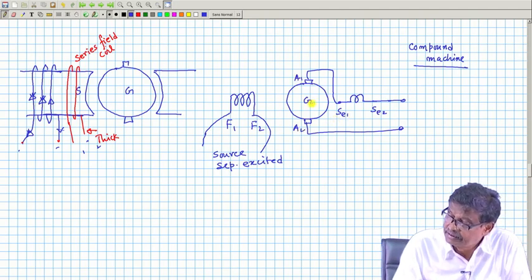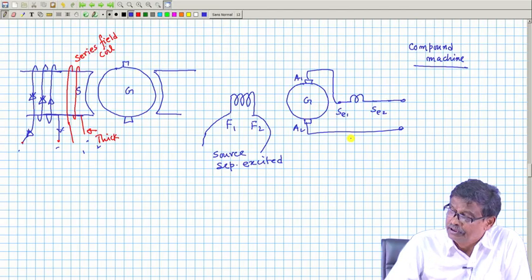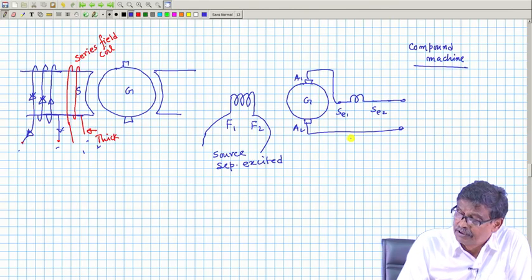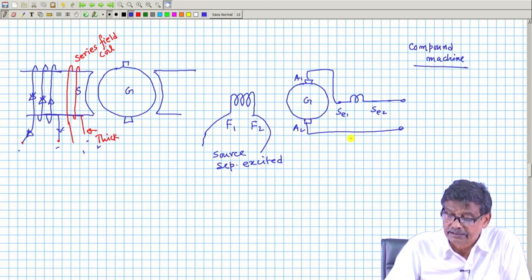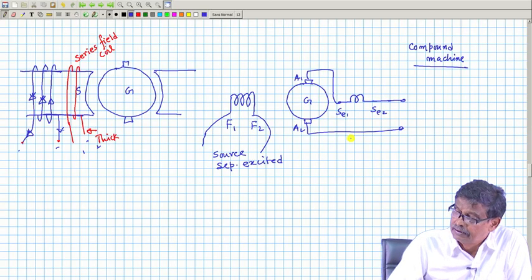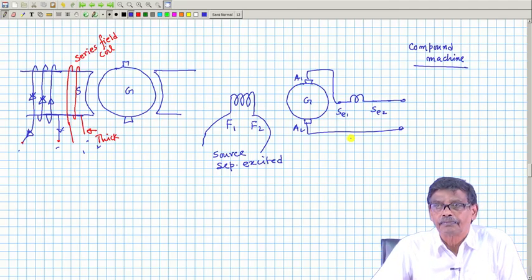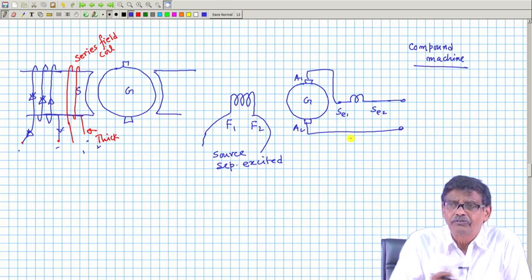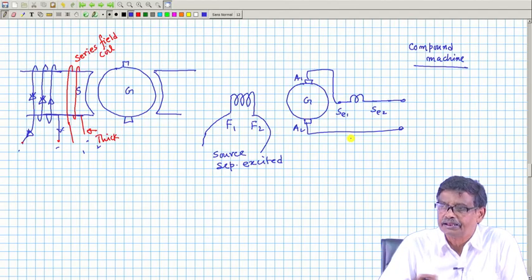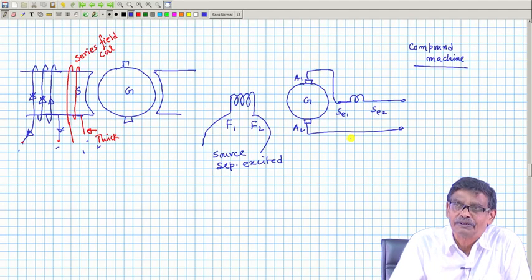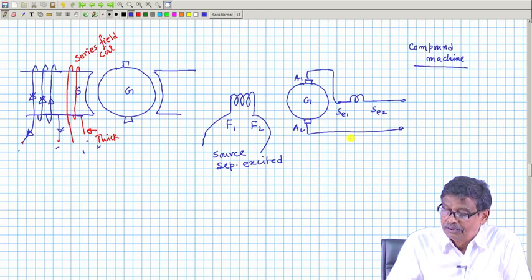If it is a generator, then connect your load. If load current is not there, this coil, the red coil, is not carrying any current, and all the flux is like this. When it is connected in this way, it will compensate for this flux per pole. But distortion of flux will still be there and on the q axis there will be some voltage induced. I think you have got the point.